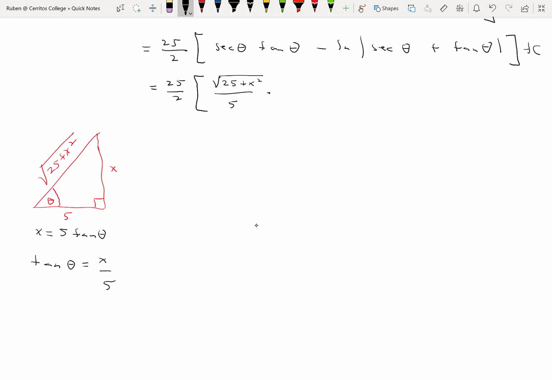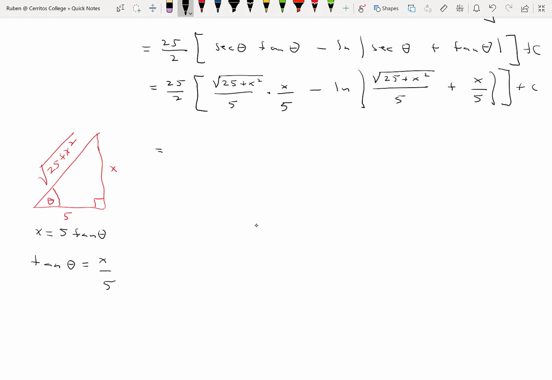Tangent theta was the substitution, or you could take it right off your triangle: x over 5. Minus the natural log of secant, again, the square root of 25 plus x squared over 5, plus tangent, x over 5, plus a constant. I'm going to clean this up just a little bit.